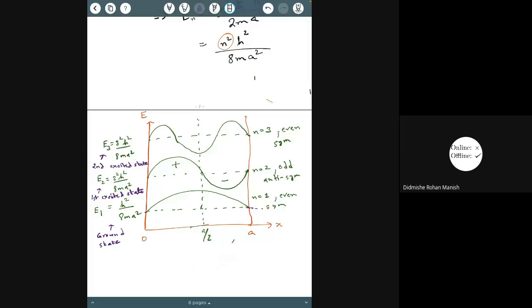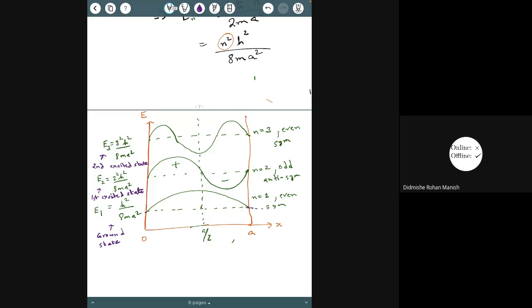So this idea of differentiability and continuity applies as long as the wave function represents a particle. When there is no particle, there is no wave function, so it doesn't matter.